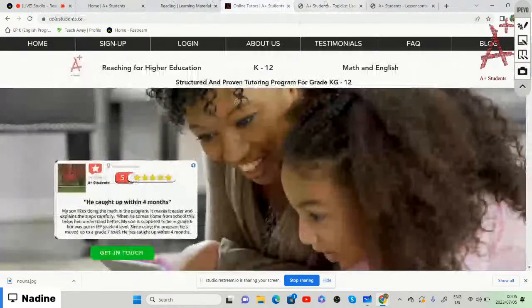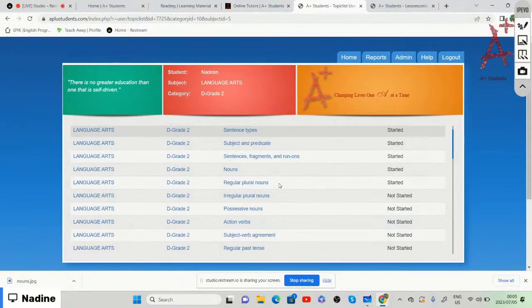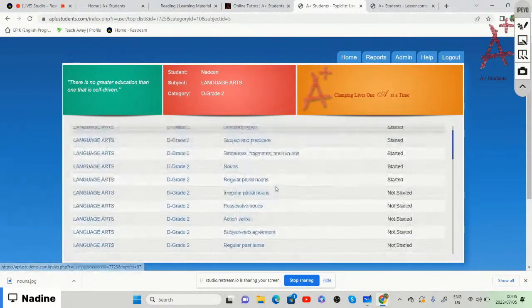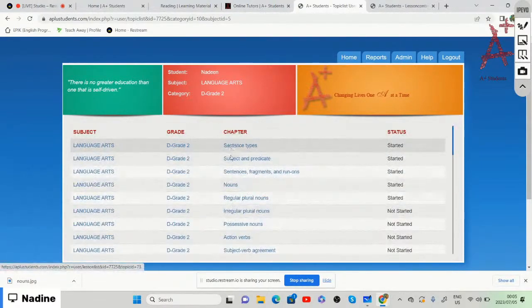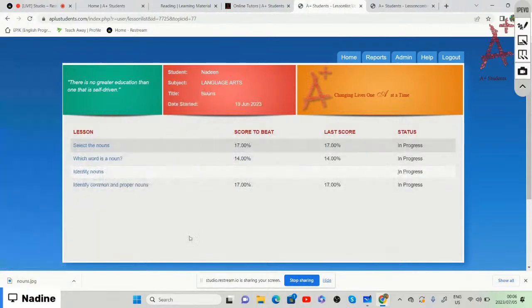Once you have selected the subject of language arts and grade 2, because that is the grade that we're doing, you're then going to scroll down to the chapter of nouns. So we are doing the chapter of nouns. So click on nouns.